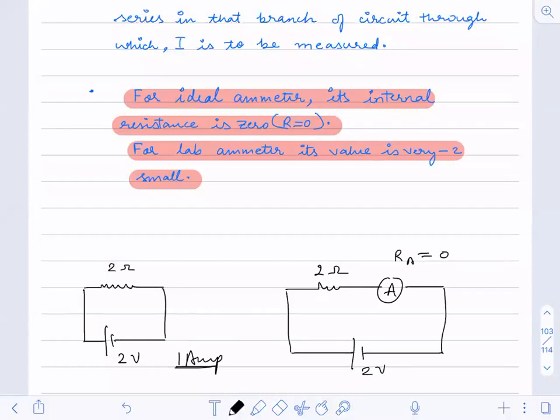Yes, it is 1 ampere. Very good. It is 1 ampere only. Fine.